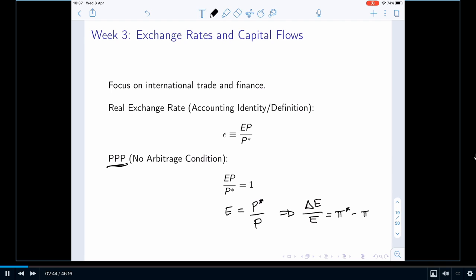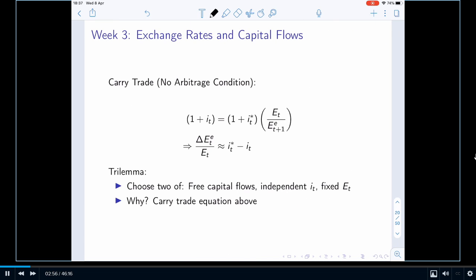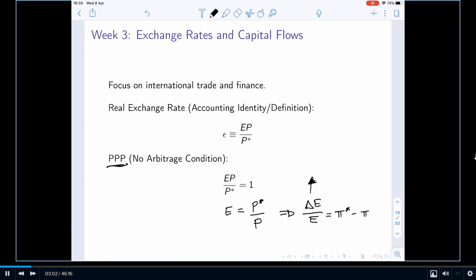So if foreign inflation is higher than domestic inflation, then our nominal exchange rate is appreciating. So that's one way of thinking about exchange rates, which basically comes from a no arbitrage condition applied to goods and services.